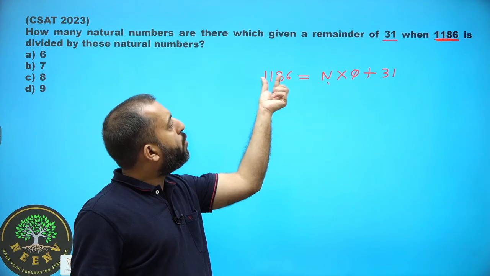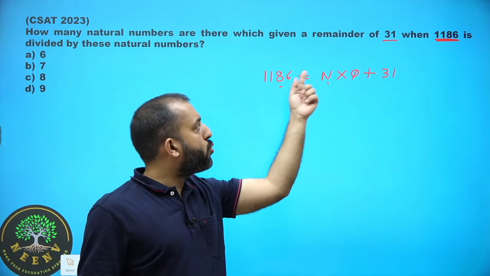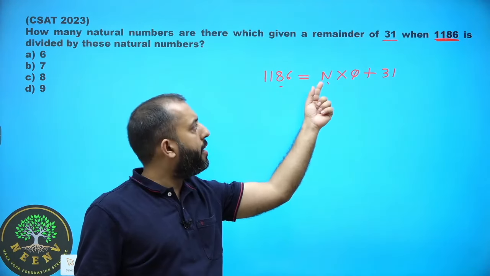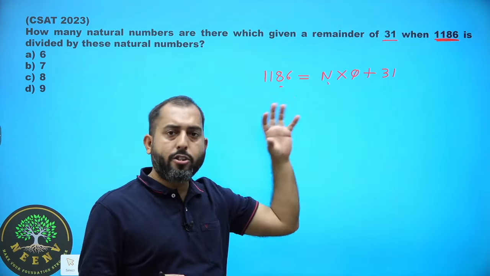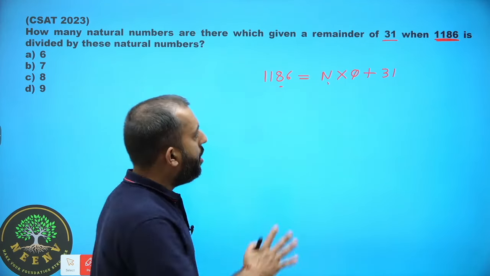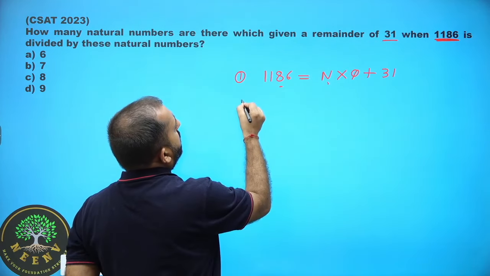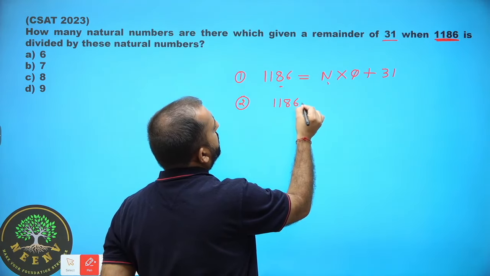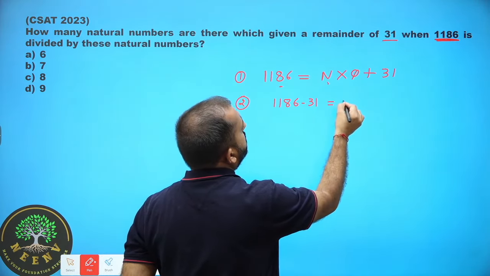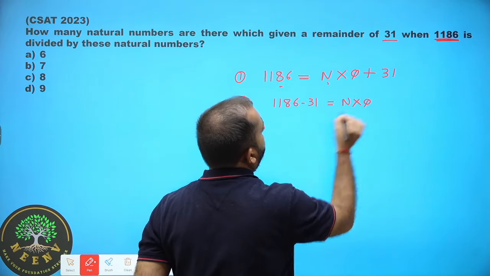We are dividing 1886 by n, so 1886 will become the dividend, n will become the divisor, q is your quotient, and 31 is your remainder given here. So if I solve this statement further, it becomes 1886 minus 31 is equal to n into q.